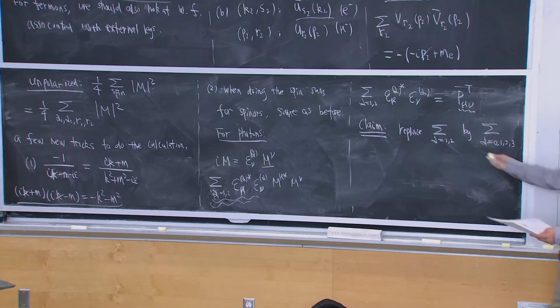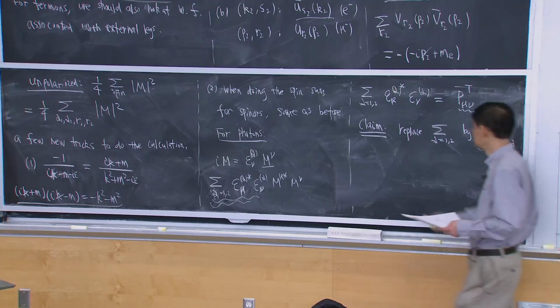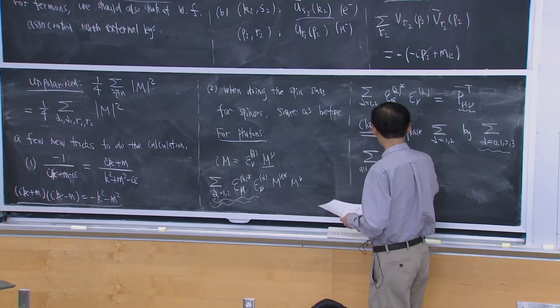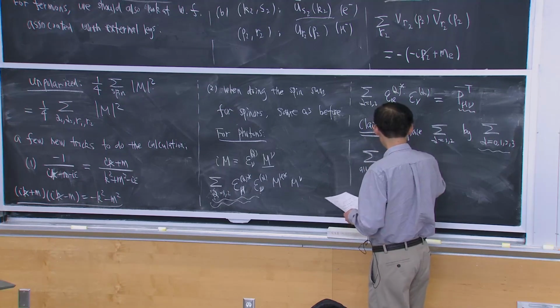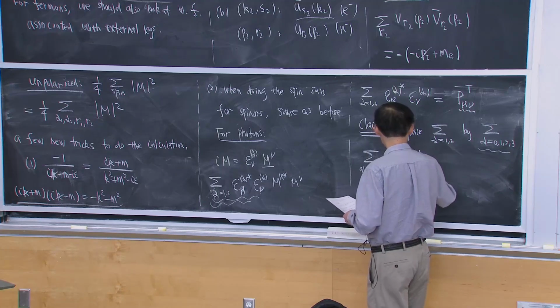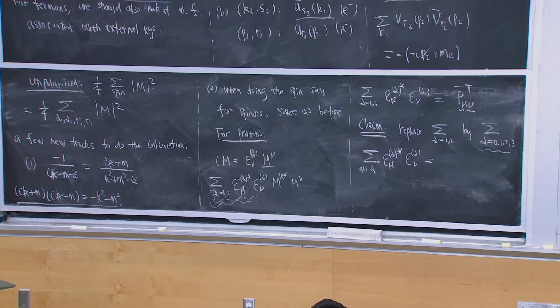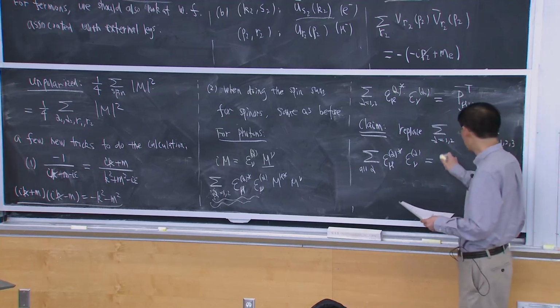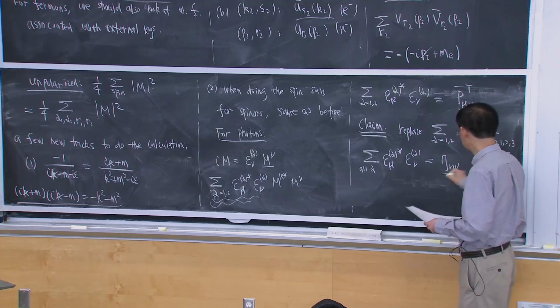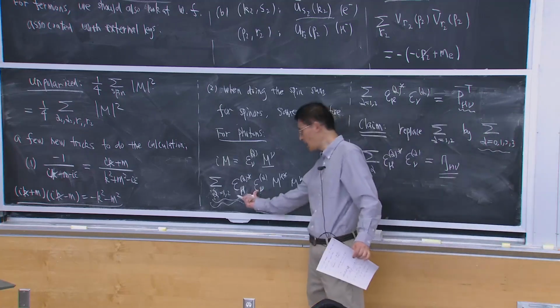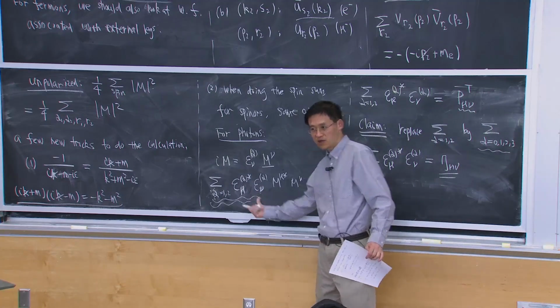So now when I sum over all polarizations, do you remember what this is? You just get eta mu nu. Okay, and this one is much simpler. So now the claim is that we can just simply replace this sum by eta mu nu.